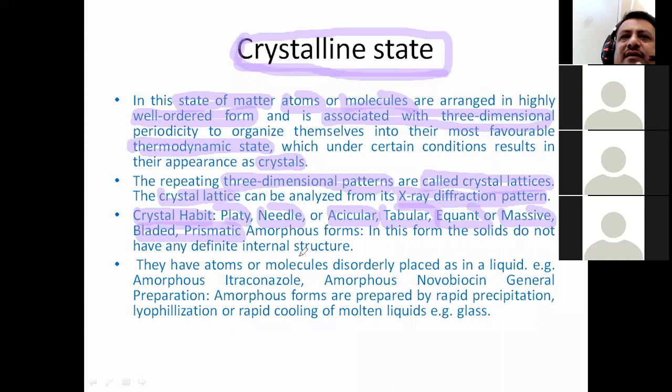These repeating three-dimensional patterns are called the crystal lattice, which we can study with the help of X-ray diffraction studies. To understand which type of crystal habit is present, we carry out X-ray diffraction studies. The different types of crystal habits include needle, acicular, tabular, then bladed or prismatic, etc.